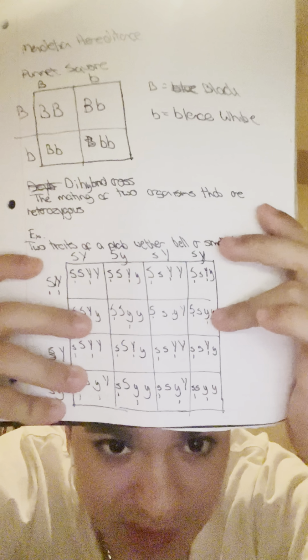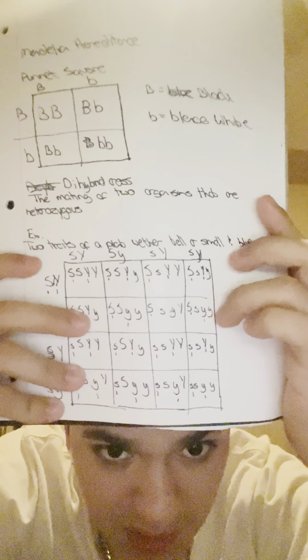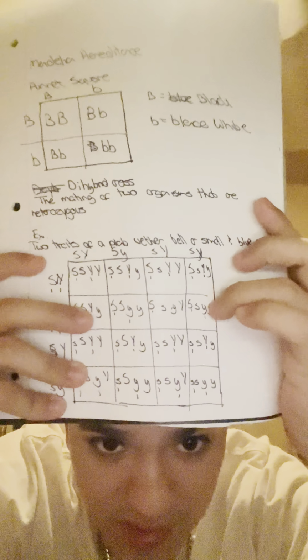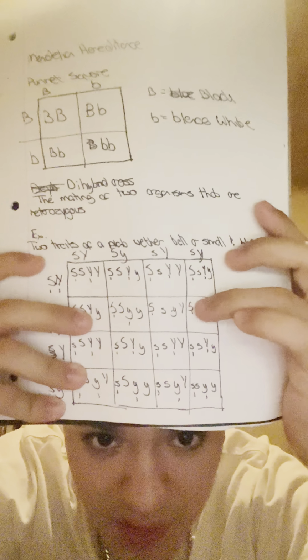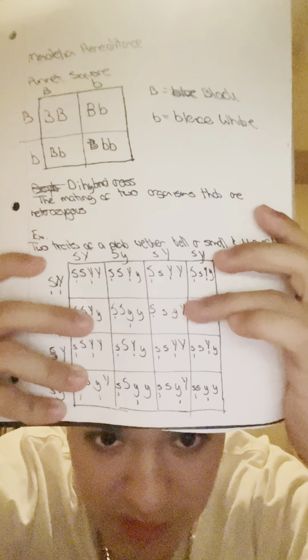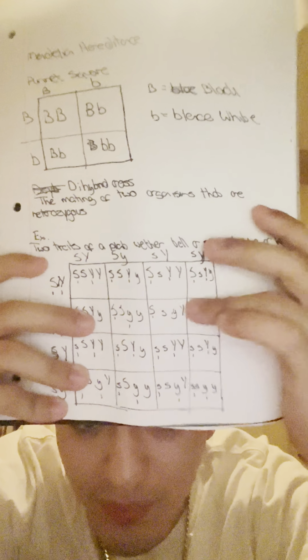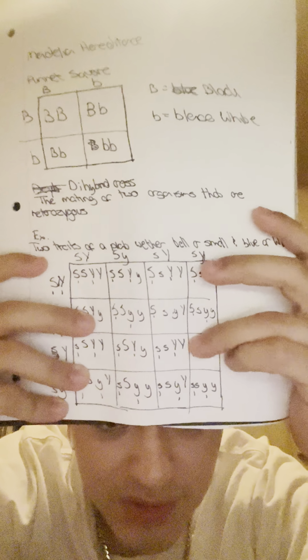So we can see right here that is the lowercase y, let's say that represents the eyes. So this kid's gonna come up with blue eyes, but we have one brown hair dominant, which is a capital S, right? So it means that the kid is gonna come up with brown hair. So this will be brown hair, blue eyes.